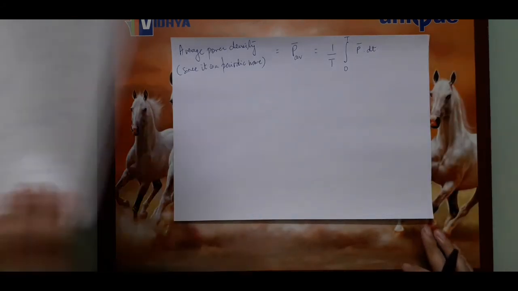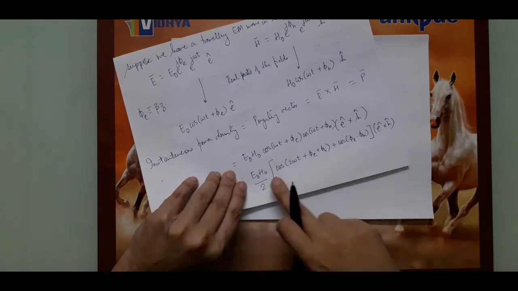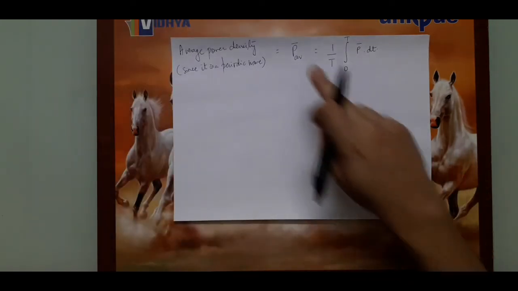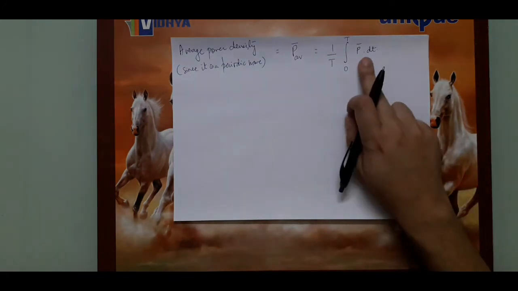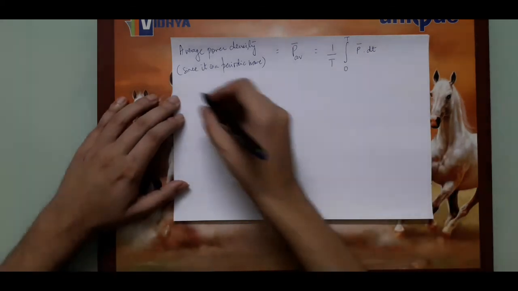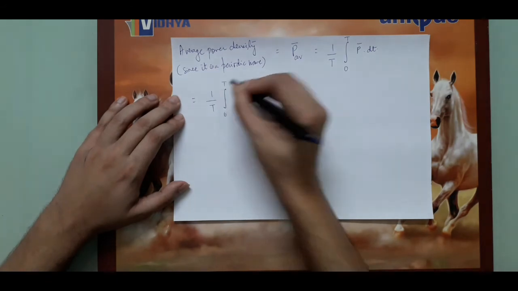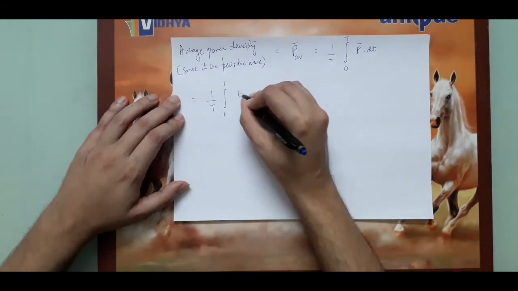So P we already know what it is. It is this big thing, that's the instantaneous power density, which we are now integrating over one period of time. So whatever be the period, we will get something of this kind.